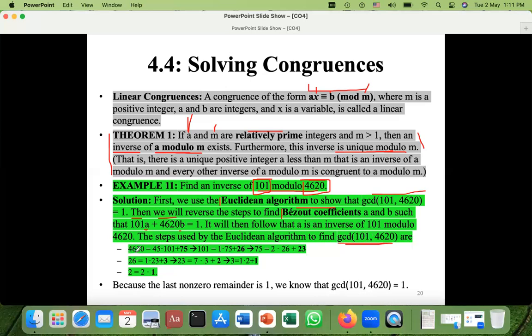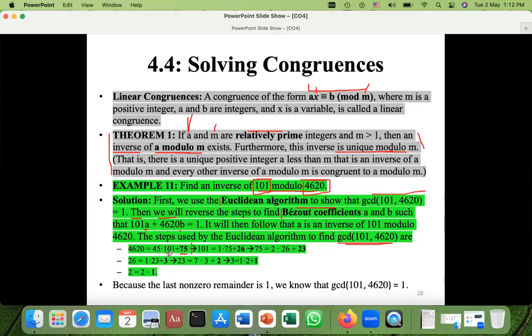So we are going to write 4620 equal to, and here we are dividing it with 101. When 101 is multiplied with this 45, you will get some number. When you subtract that number from 4620, you will get this remainder. You can divide it with your traditional method, and then you will see that this would be equal to that. That is the first step.